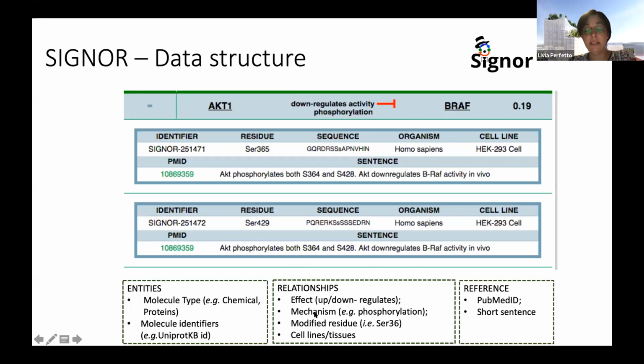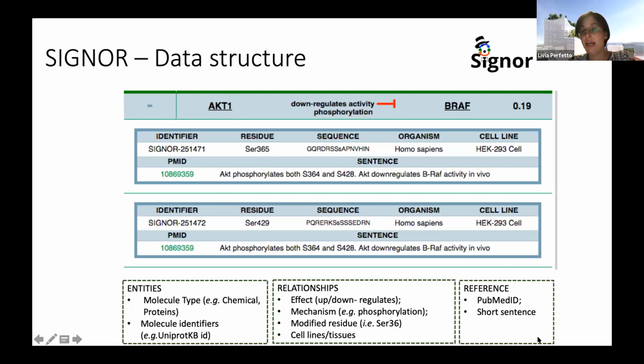But for the vast majority of the interactions, we also annotate metadata, such as the mechanism. For instance, if the upregulation occurs following the phosphorylation of the target. And whenever it's provided, we also annotate the modified residue, in this case a serine which is modified by the kinase AKT1.